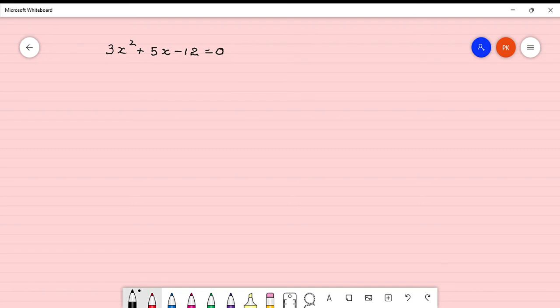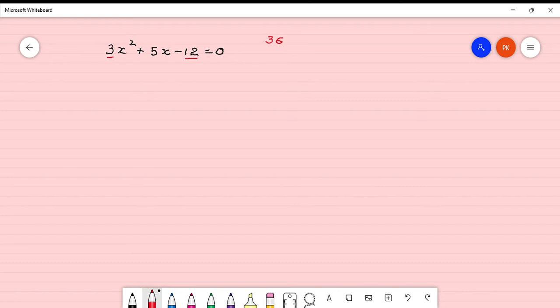So what is the first step? Multiply the x square coefficient by the constant here. 12 3s are 36. Now the sign of the constant term is negative. So factorize 36 in such a way that the difference is 5. That means I want two numbers whose product is 36 and difference is 5.